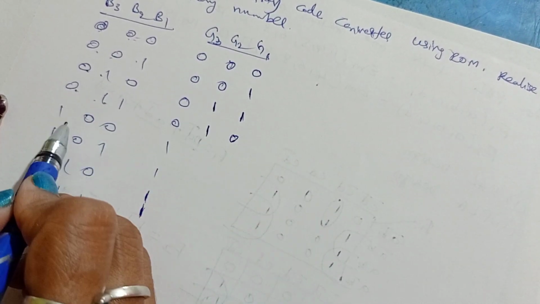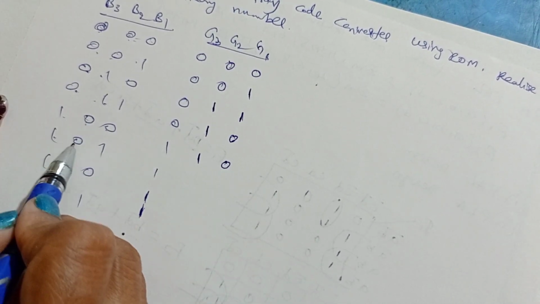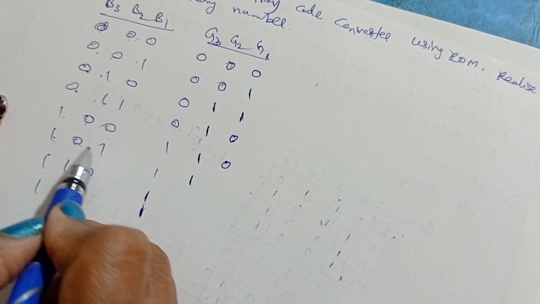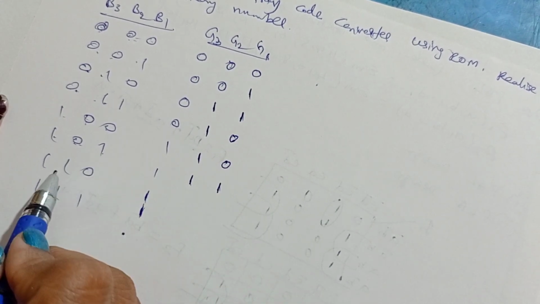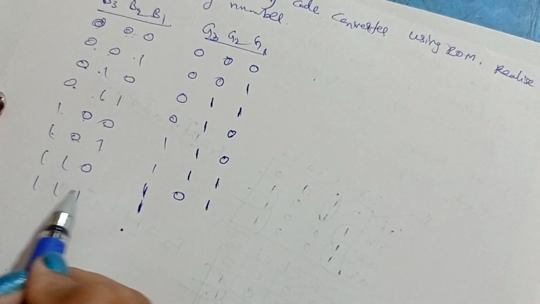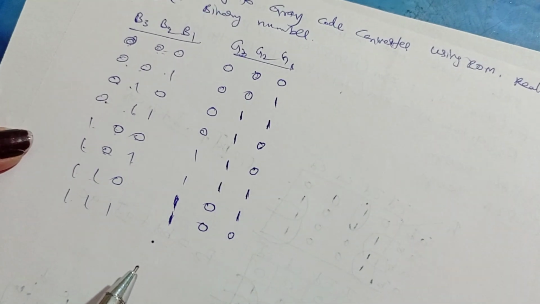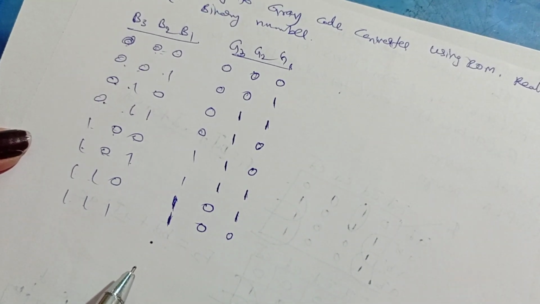Same, 0. Different, 1. Same, 0. Different, 1. Different, 1. Same, 0. Different, 1. Same, 0. Same, 0. This is how to convert the binary to gray.